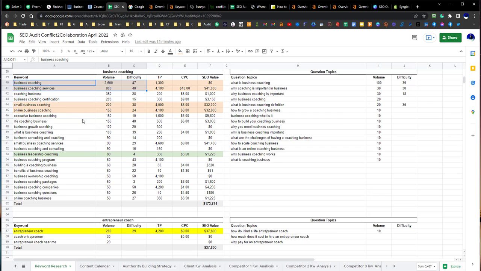That's not to say you cannot go after this word. You can. I would recommend you try, but the expectation is that it's going to take 6 to 12, sometimes even 24 months. I'll show you some case studies of clients where we've done that, and that's based on the 20 years that I've been doing this.